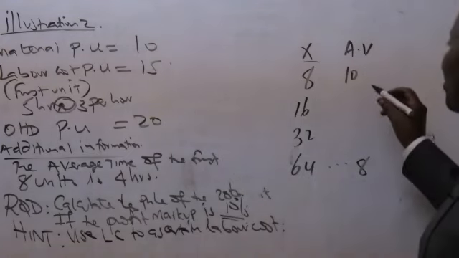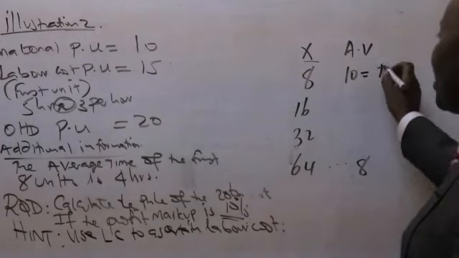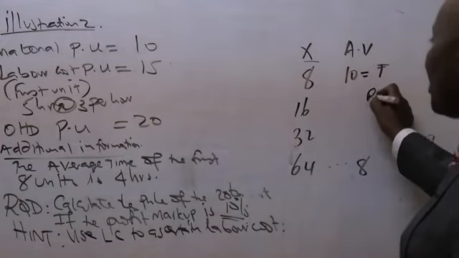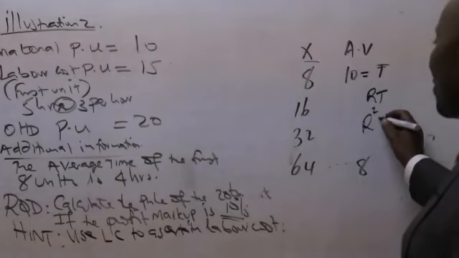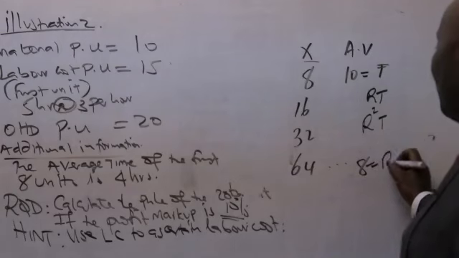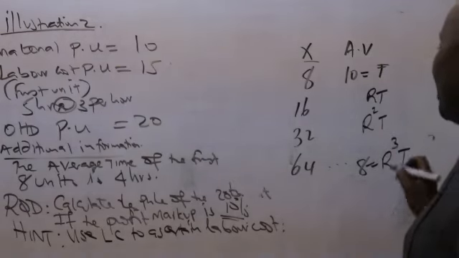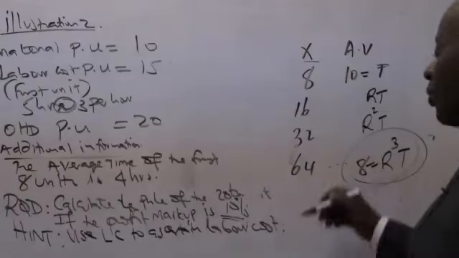So then what I need to think about is that the initial time is always t. Now the second one given here will be rt. You keep on introducing r's. So this becomes r squared t. Always you keep on introducing r's. So the last one here will be r raised to power 3 t. And then please don't forget that you pick it from there.